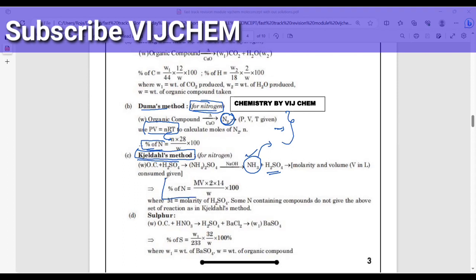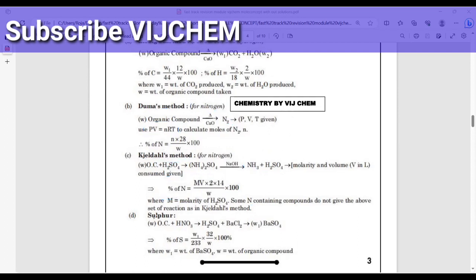The formula is percentage of nitrogen equals molarity into volume into 2 into 14 by W. Some nitrogen-containing compounds do not give the above reaction; that is a limitation of the Kjeldahl method.